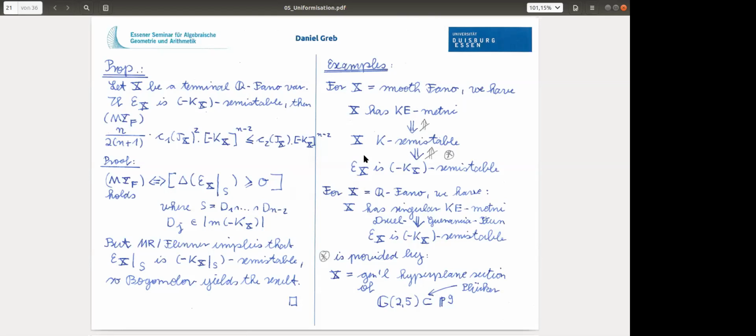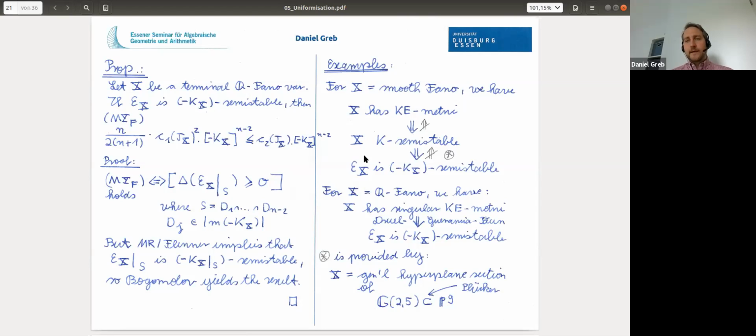Did people look at it in that situation? So I don't know, and I'm really not an expert on this. I think very recently Ahmadinejad and some other people found a method of checking K-semi-stability by looking at certain admissible flags coming from, I think, minus Kx and multiples of that.